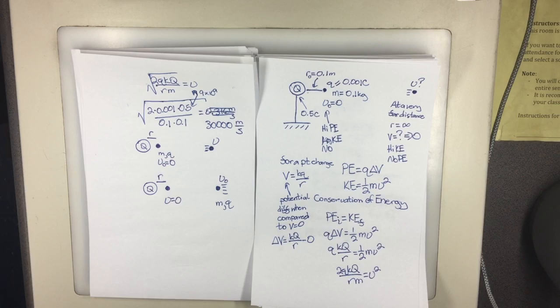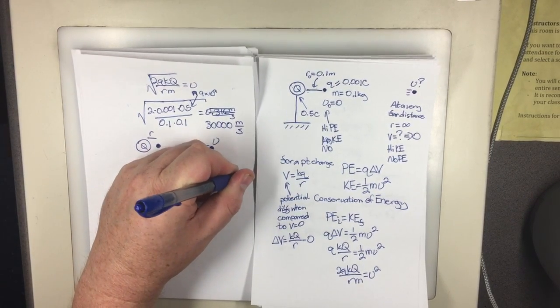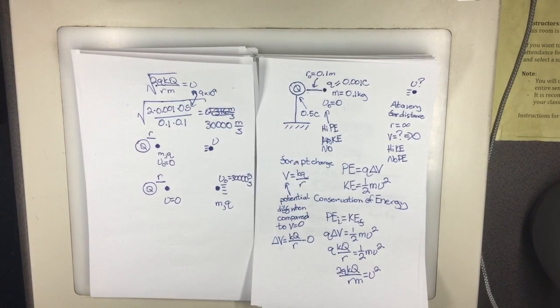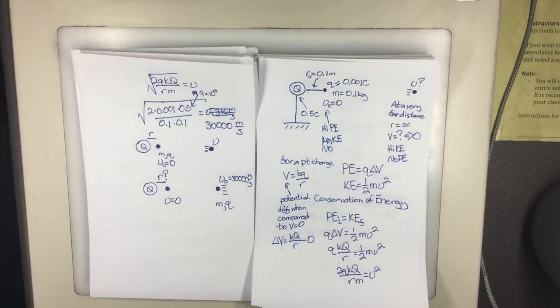But let's change it around. Let's say initially you have an object being fired at 30,000 meters per second at a big charge here. How close does it get before it comes to a stop?